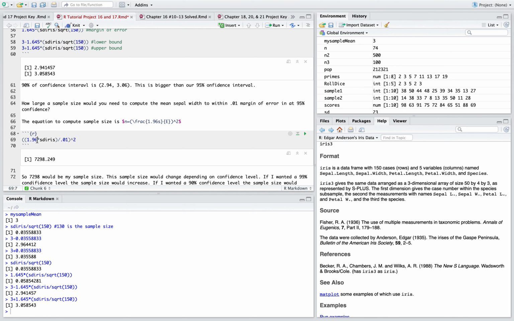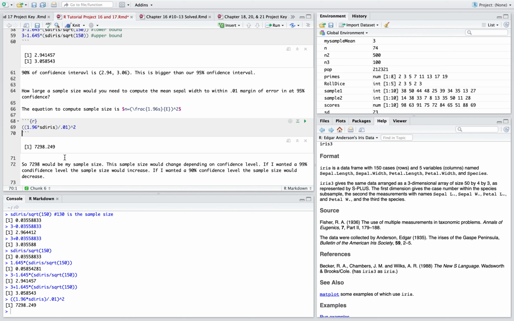So I'm going to take 1.96, because I want it to be a 95% confidence interval, times the standard deviation of our iris divided by our desired error, squared, and that gives me 7,298. So I would need a sample size of 7,299.